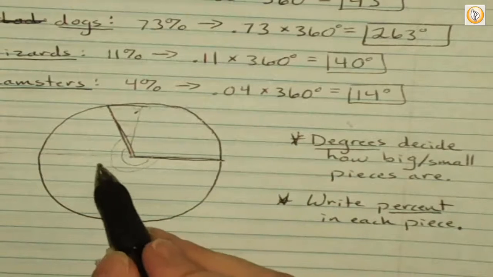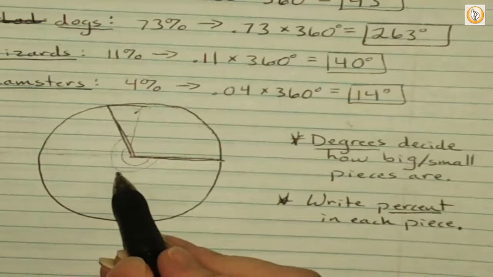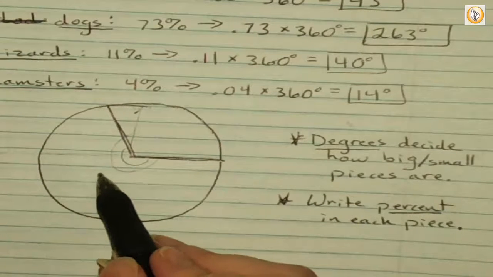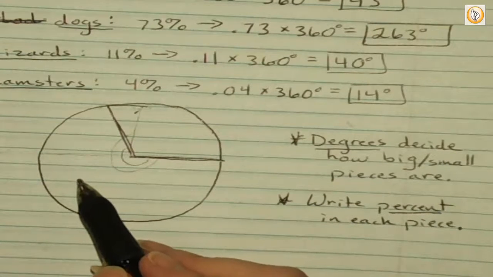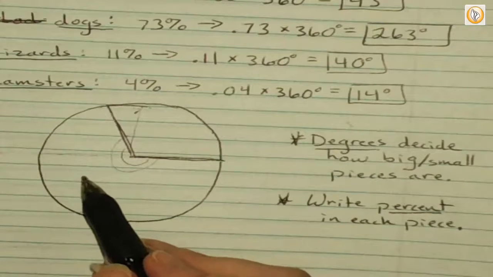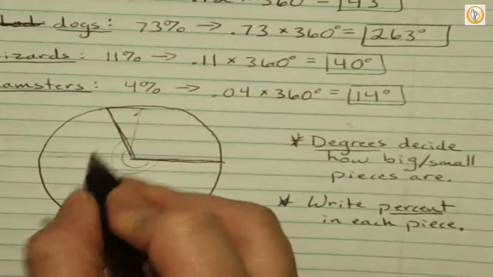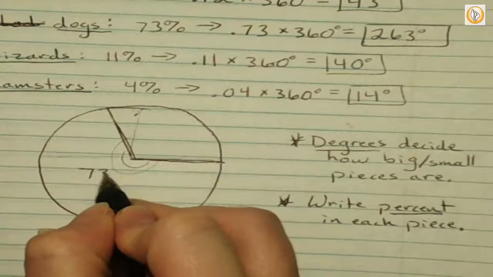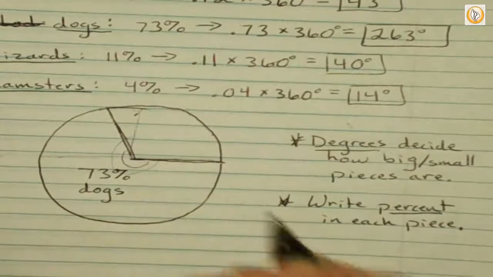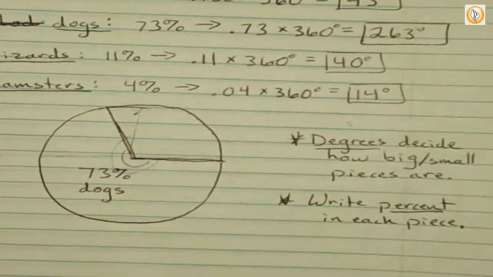What do we write in here? The percent. Oh, okay, I heard two correct answers. Cecilia said dog, and Whit and Aiden said percent. You're both correct. This whole section is 73%, and we write dogs. That's how this is done.